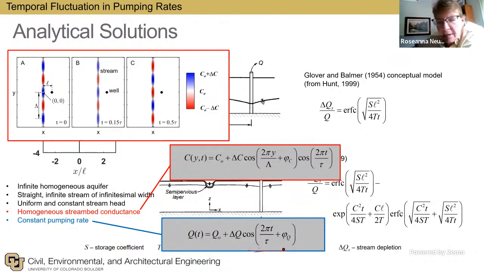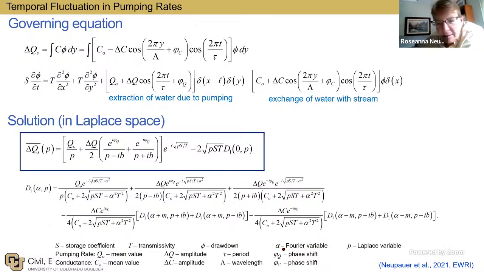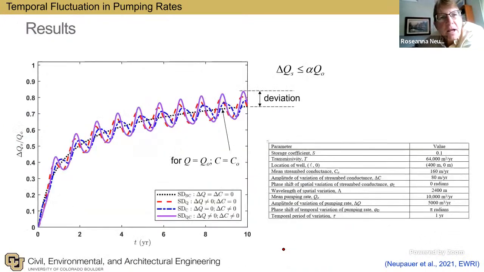So we do have some sort of periodic fluctuation, and we have the same kind of solution, with a little bit different functions. And what I want to point out here, the purple is the solution that has spatiotemporal variation in the stream bed conductance and also temporal variation in the pumping.